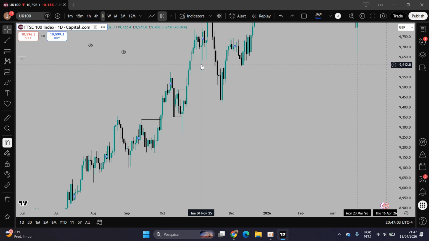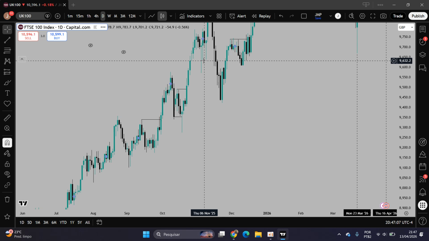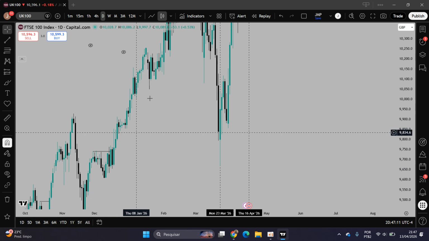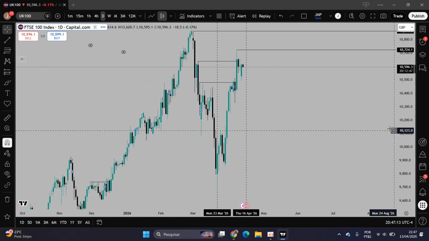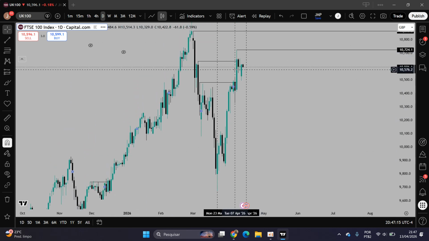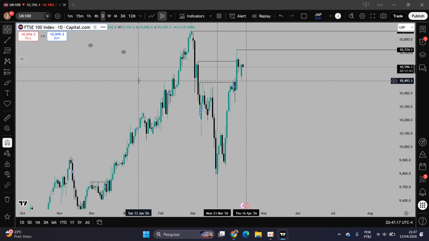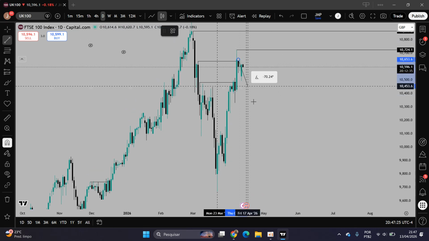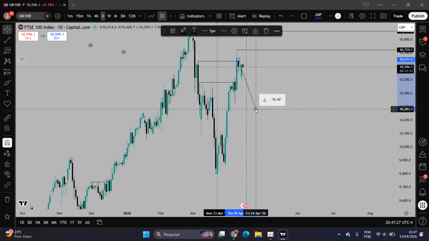And yeah, this scenario is also better for us because you can see that there are so many buyers in this market right here that price can even drop below the lows to take liquidity.